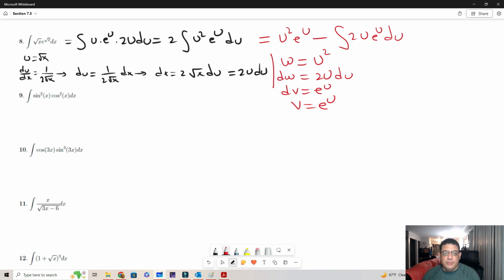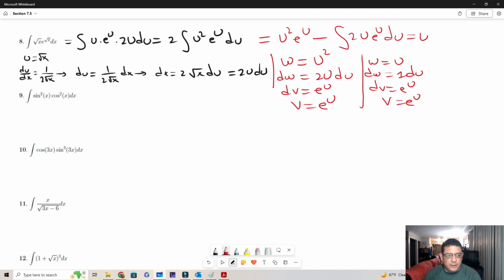And so again, we have as a result something else that needs to be done in terms of parts, and we can go again with the same type of substitution. w is going to be u, and then dw is just going to be 1 du. dv is going to be e to the u, and v is going to be e to the u.